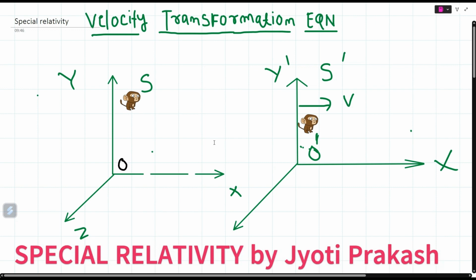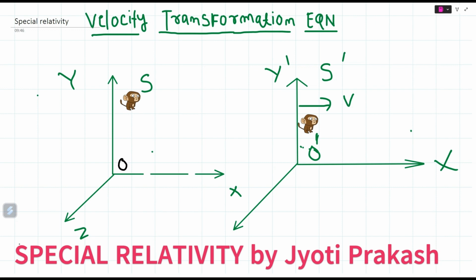Imagine we have a particle having velocity with three components: ux, uy, and uz.